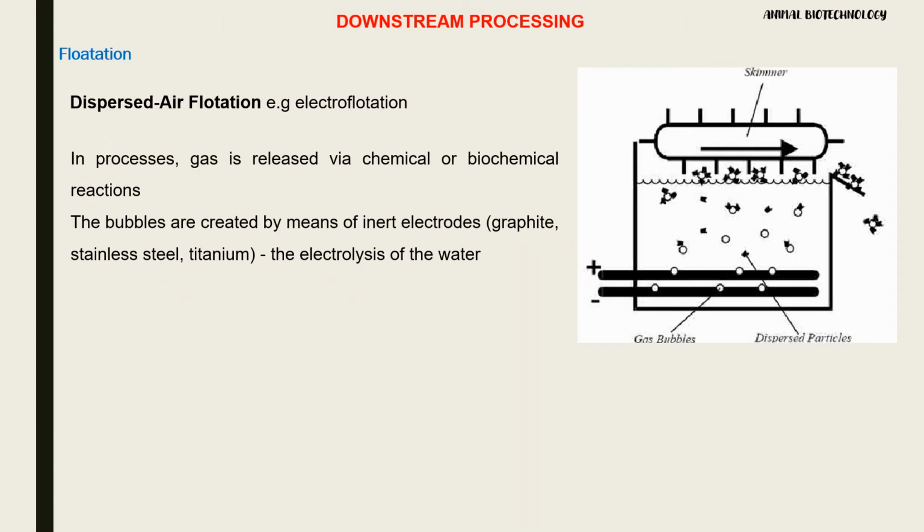Dispersed air flotation method. In this method, the gas is released into the media via chemical or biochemical reactions, for example, in electroflotation as shown in the figure. In this, the bubbles are created by hydrolysis of water by passing current through an inert electrode.